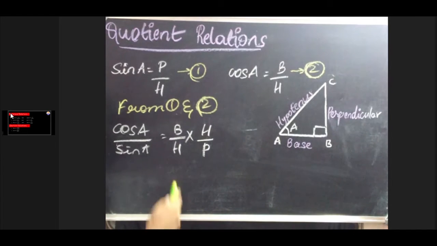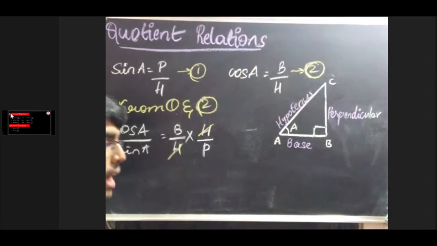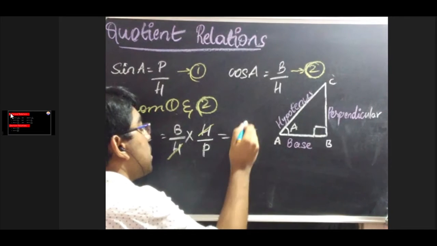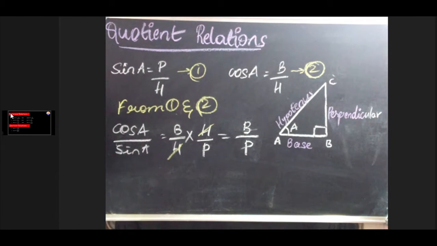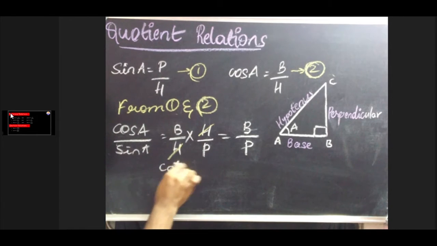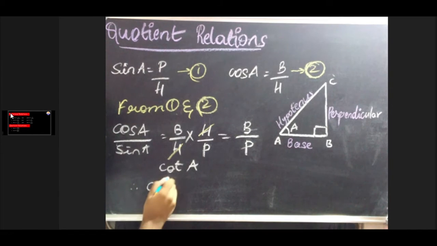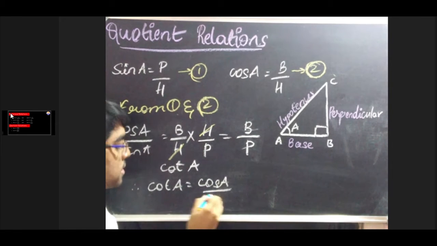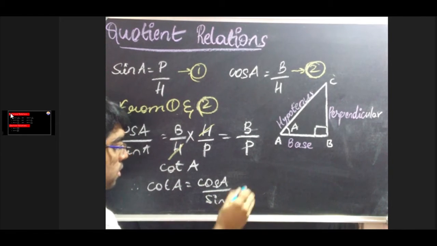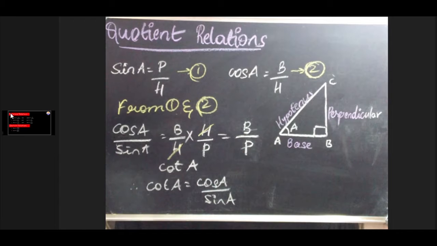With our common knowledge of mathematics, hypotenuse gets cancelled and we will be left with base by perpendicular, which is nothing but cot A. Therefore, cot A equals cos A divided by sin A. This is our second quotient relation.